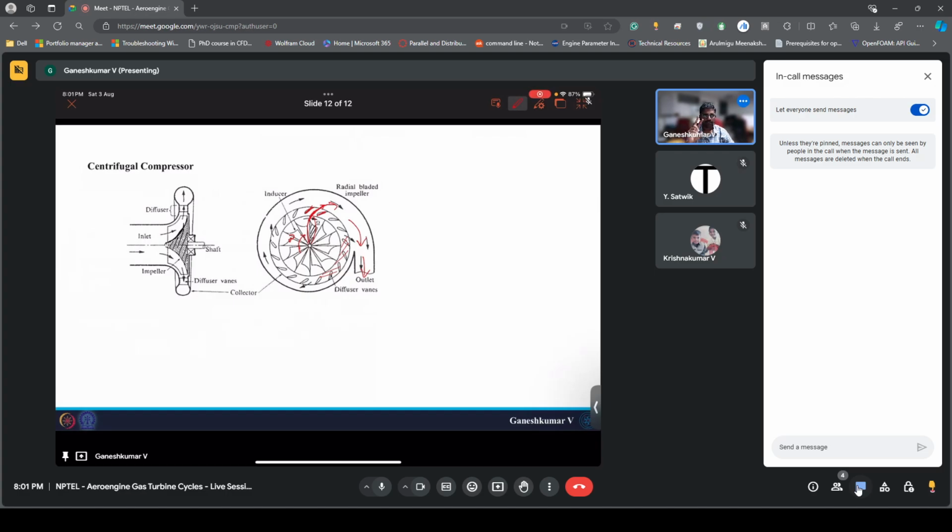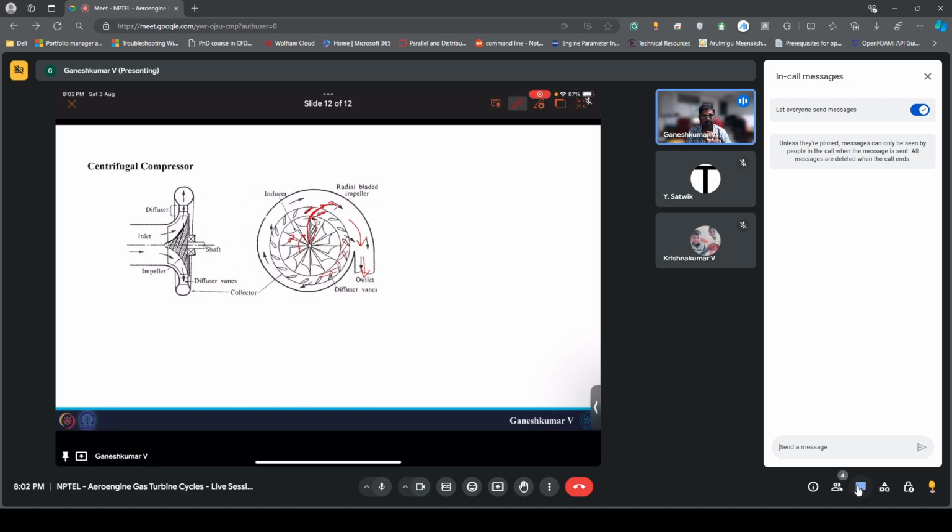So there will be two stages of pressure rise. Basically, the compressor pressure has to rise, and there will be different places where this happens. One is at the impeller. When it rotates, because of the rotary motion of the impeller, it puts a tangential force on the radially moving air, and because of that it gets compressed.